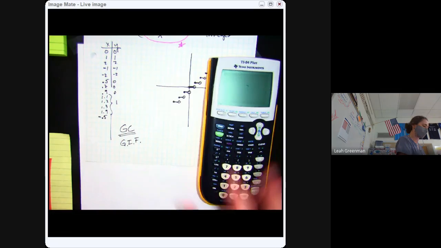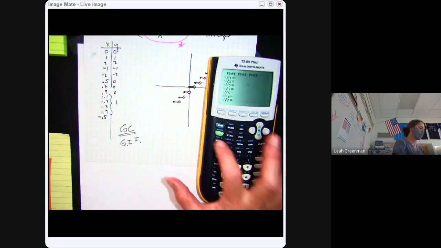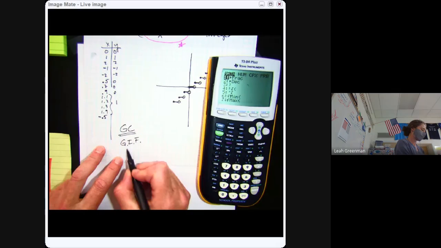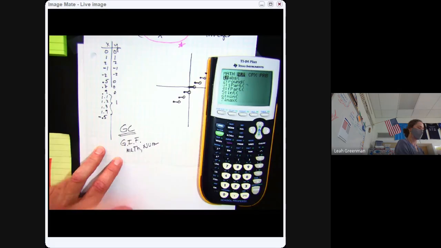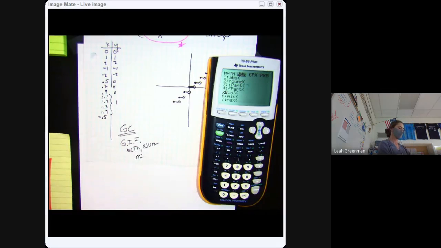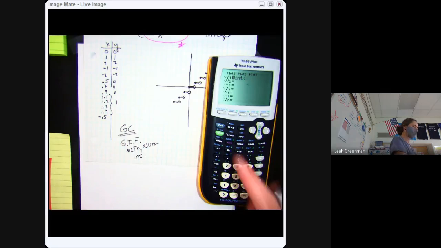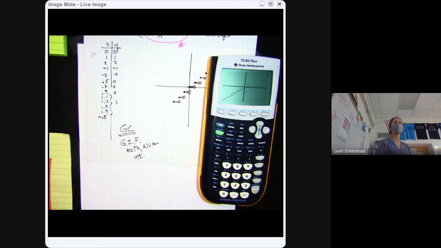If you go to y equals, and you want to plug in the greatest integer function, you go to math, then arrow over to number, and see number 5, int. You hit that. That int right there is going to give you the greatest integer function. So if we plug in an x, and if we zoom, I don't know, zoom 6, it's giving you all those steps.